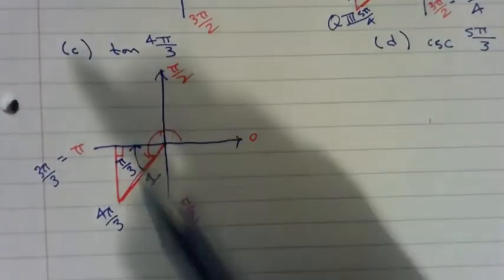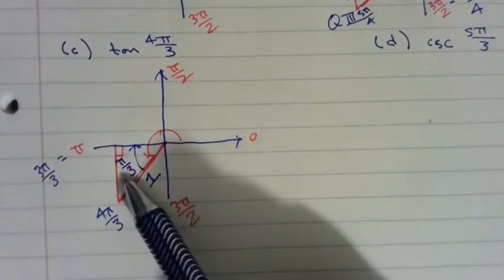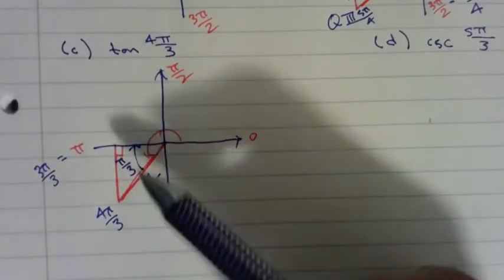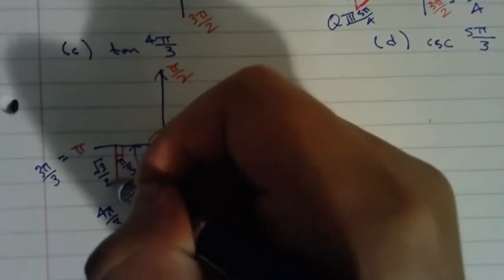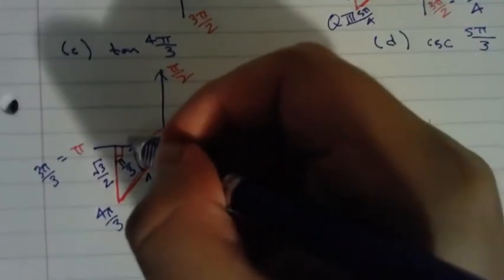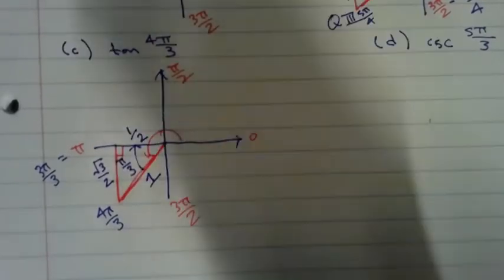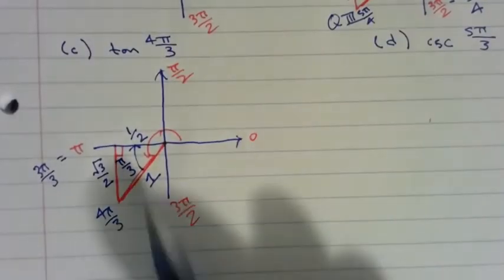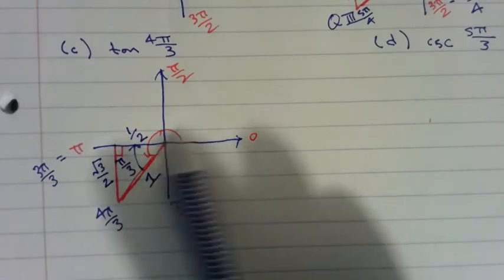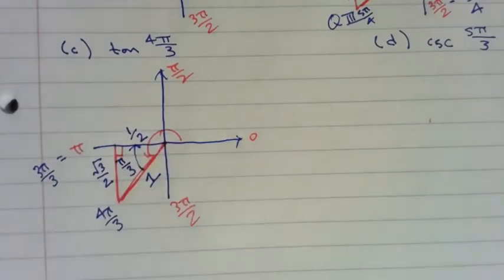This is pi over 3, right? So this is 60. So the opposite of 60, guys, is going to be square root of 3 all over 2. The side right here is going to be 1/2. This all comes from your special right triangles. Again, you need to know your special right triangles to be able to move on.